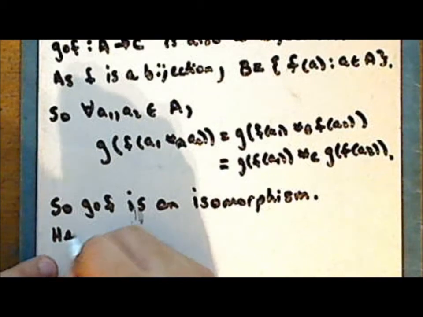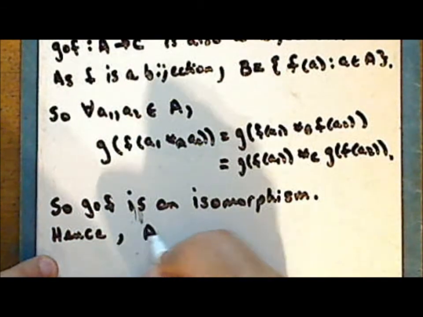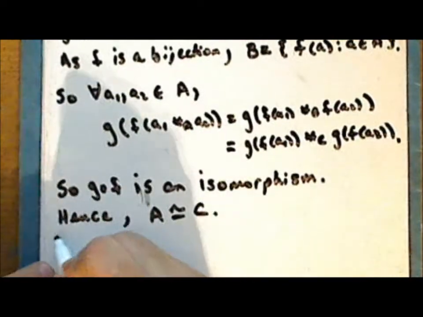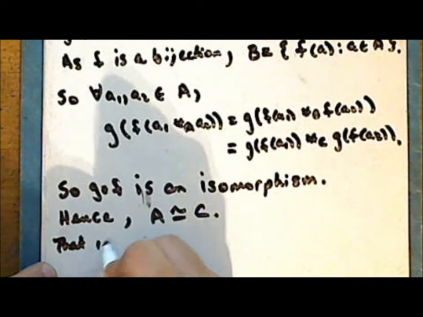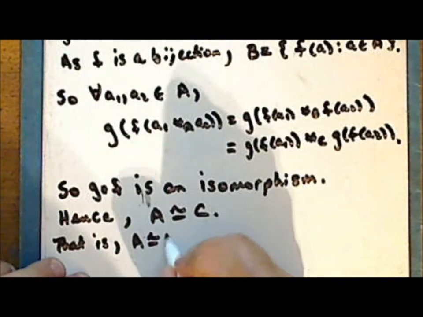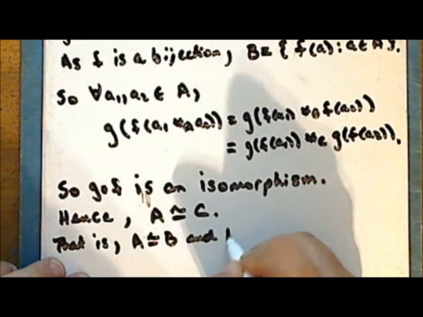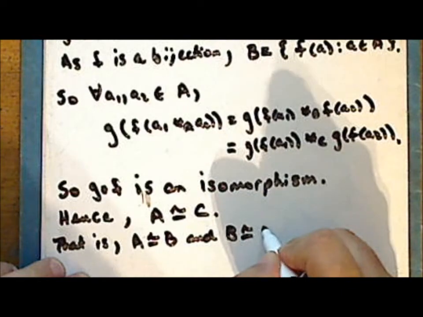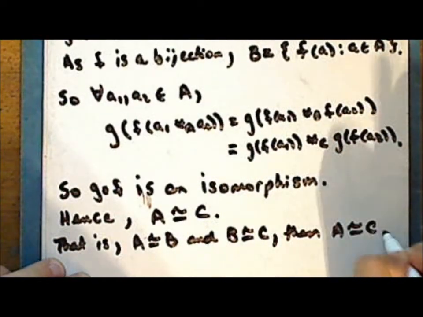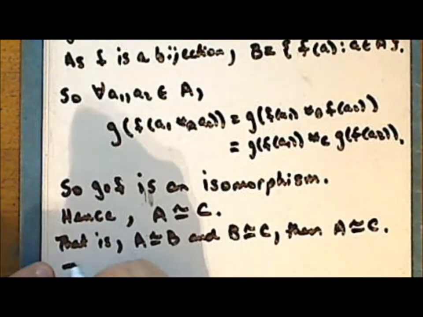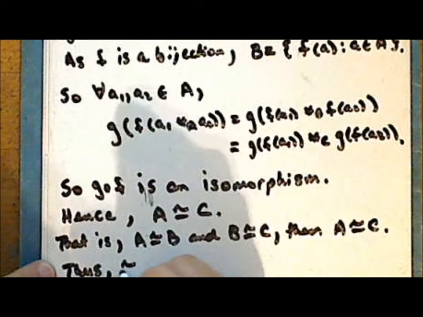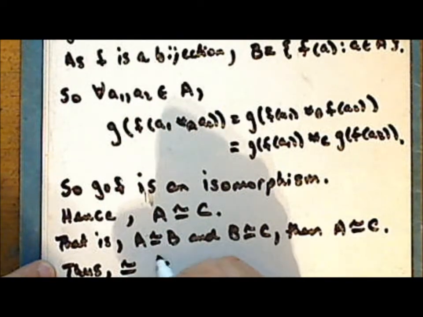And hence, the structure A is isomorphic to the structure C. That is, if A is isomorphic to B and B is isomorphic to C, then A is isomorphic to C, and thus the relation isomorphic to is transitive.